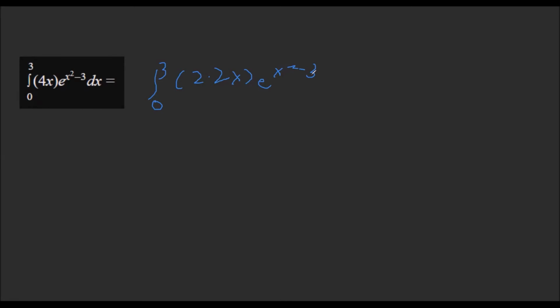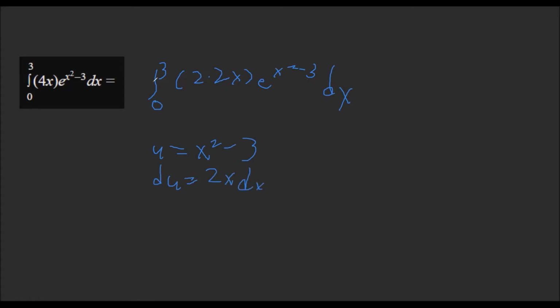If there's one function with x that is a higher power than another function with x, then you can simply declare the higher one as u, which we're going to do in this case, because if we differentiate this, we end up with 2x. So we should say that u is equal to x squared minus 3. Du is equal to 2x dx.